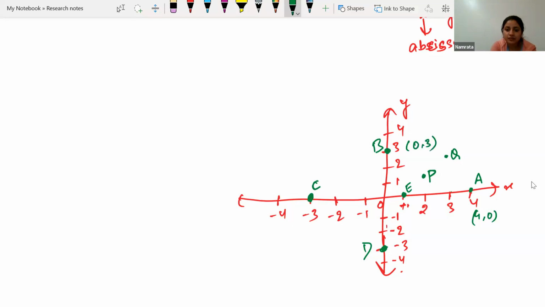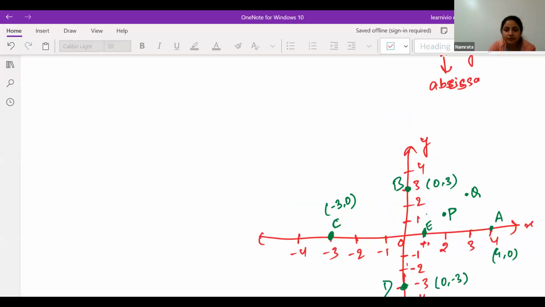Coordinate of C is? Minus 3, comma 0. Coordinate of D is? 0, comma minus 3. Coordinate of E is? 1, comma 0. Yes.